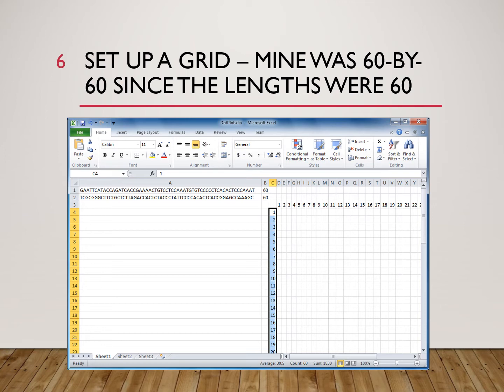Starting in D3, we start with the number 1, and then in E3, 2, and then copy those two and copy the pattern across. Excel will find the pattern and continue it up to 60. Similarly, in C4 and C5, we enter 1, 2, and copy that pattern down to 60.